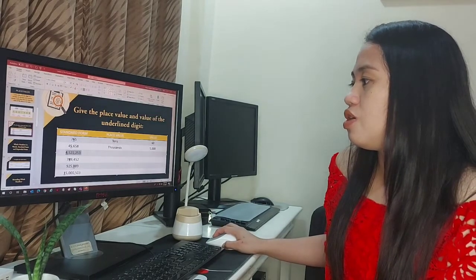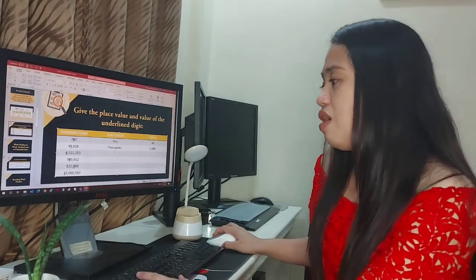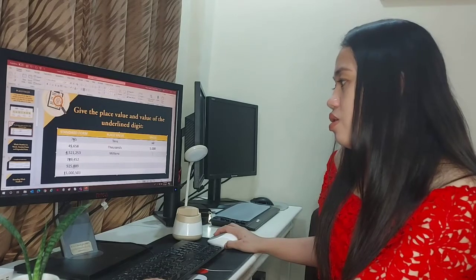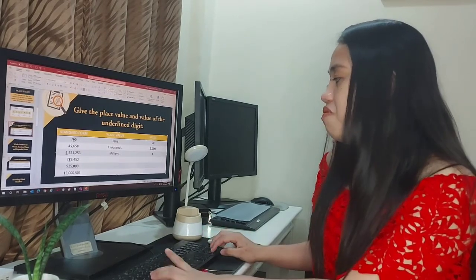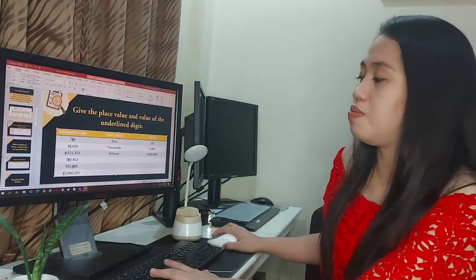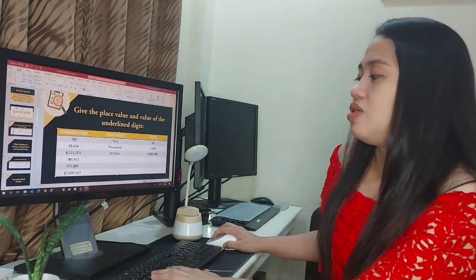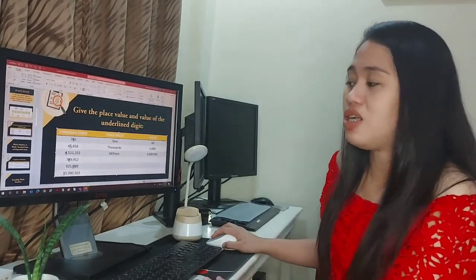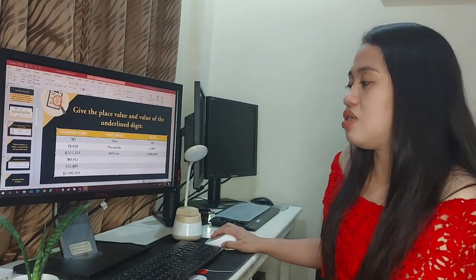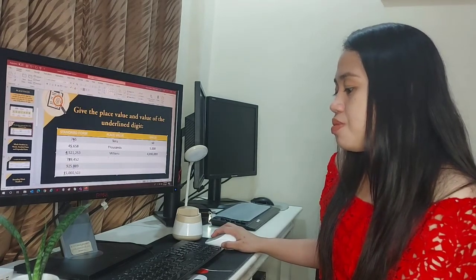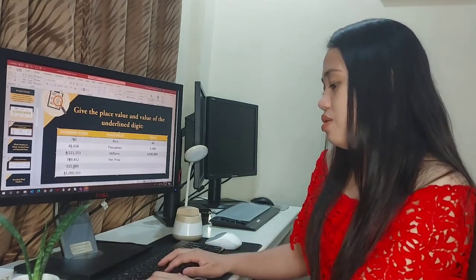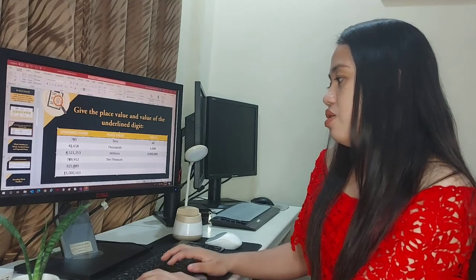So for the second given, we have 4 as millions. And then 4 million. So you just copy 4 and all other digits to the right will be replaced by 0. Then next given, we have 789,452. The underlined digit is 8 and it's in the 10,000s.